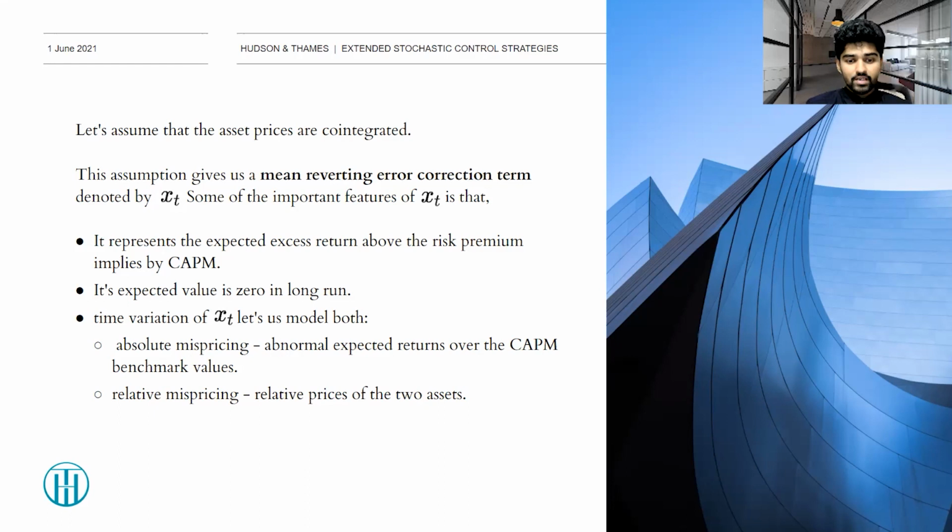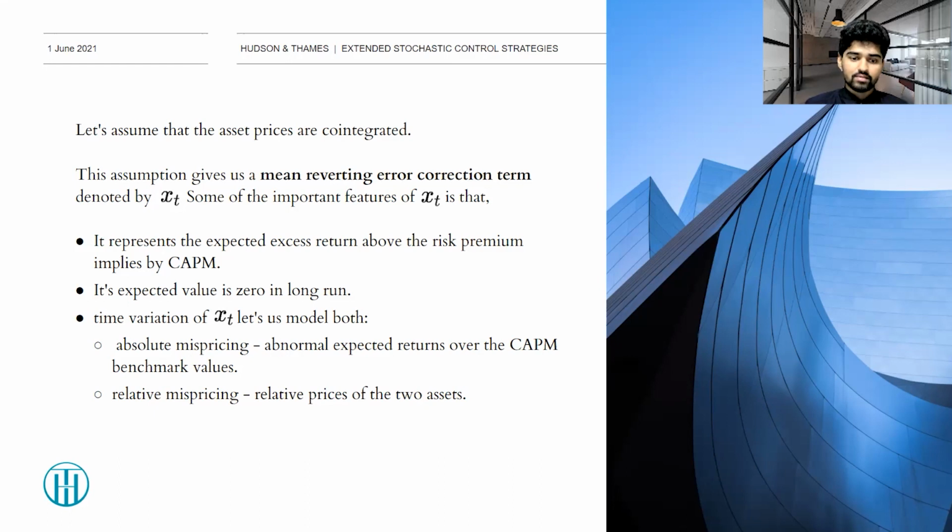This time variation property in alpha allows us to capture both the absolute mispricing, which is the abnormal expected returns over the CAPM benchmark values, and the relative mispricing, which is the relative prices of the two assets. At short time horizons, time is too scarce for the arbitrage mechanism to be effective, so absolute mispricing dominates.